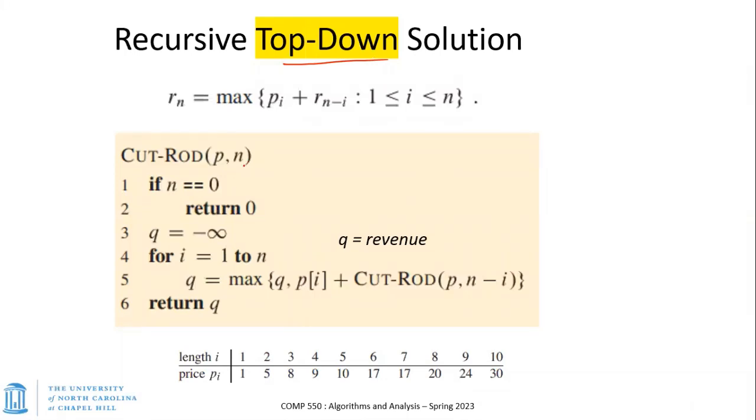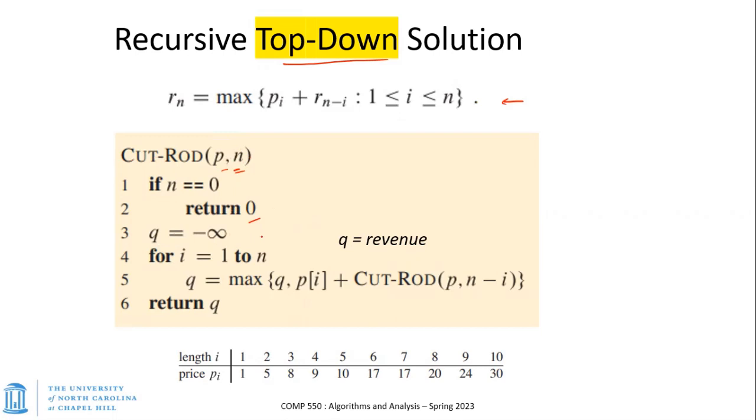In the top-down solution, we're going to implement this equation and ask: what is the maximum revenue that we can get from a rod of size n? We give it the price table and the size n. If n is equal to 0, the rod is of size 0, then obviously the revenue is 0.